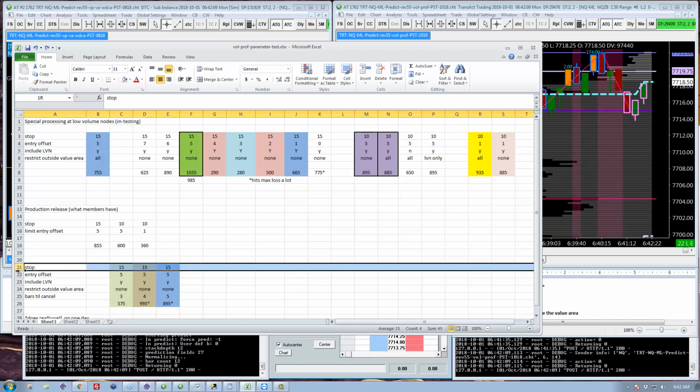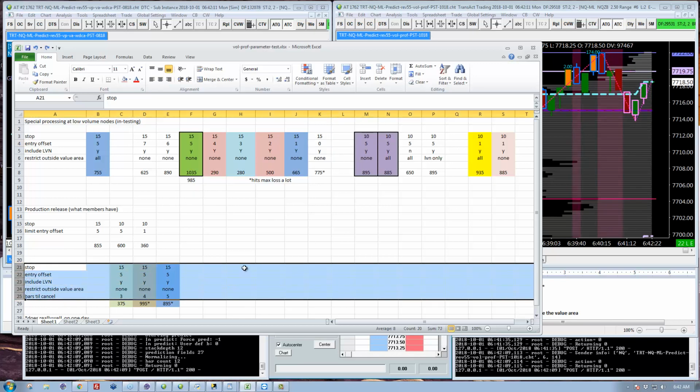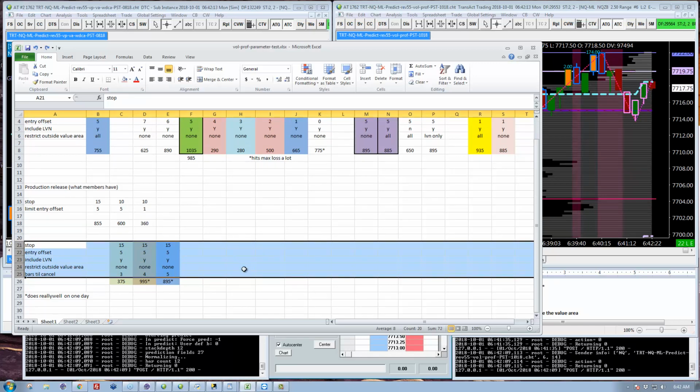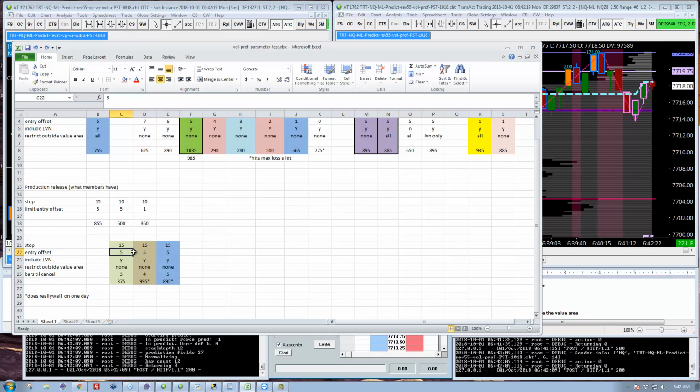One other thing I tested down here was, well, if I'm setting my entry offset so far back, maybe I should give the system more time to get filled. Currently we have a setting that says, once I place an order, how many bars does the system draw before I cancel that order?